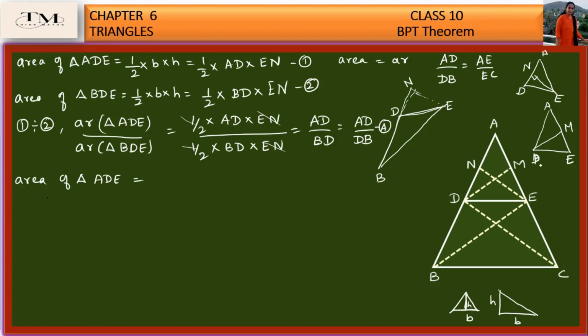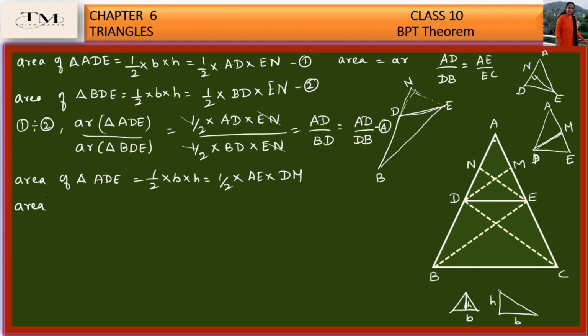So if we consider this perpendicular DM, it is half into base into height. So half into, so the base is here AE and the height is DM. Okay, so this is the height which makes 90 degrees with the base AE. So DM is the height. So AE into DM.